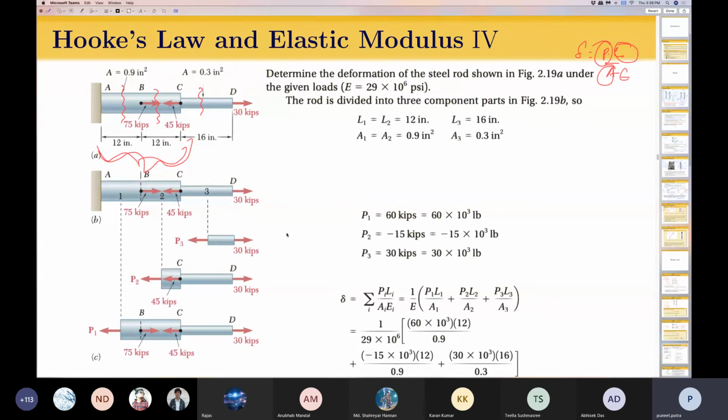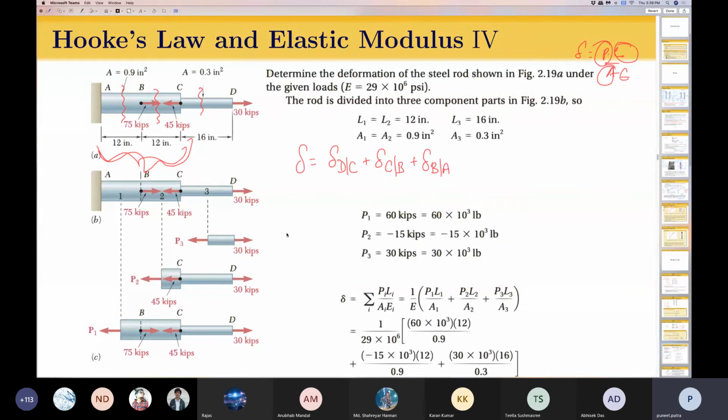So in such a situation, how do I compute the deformation? If I focus my attention on the total deformation, this delta is going to be equal to the relative displacement of D with respect to C plus the relative displacement of C with respect to B plus the relative displacement of B with respect to A. Right?